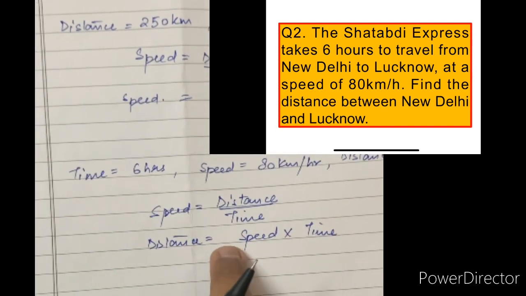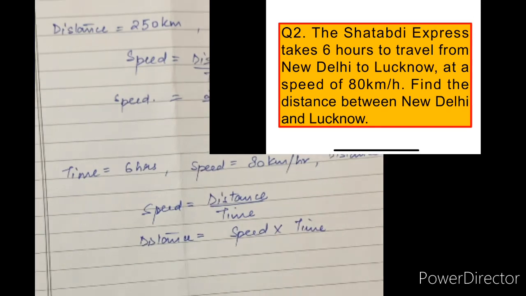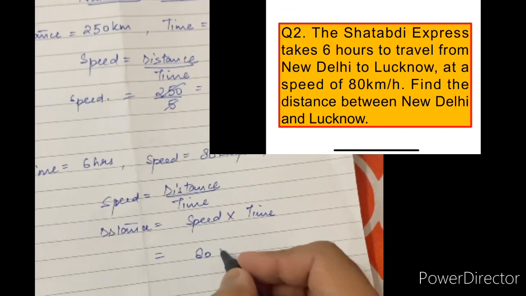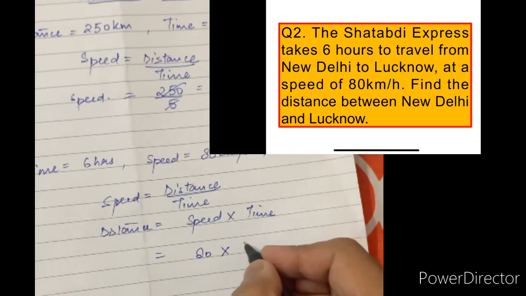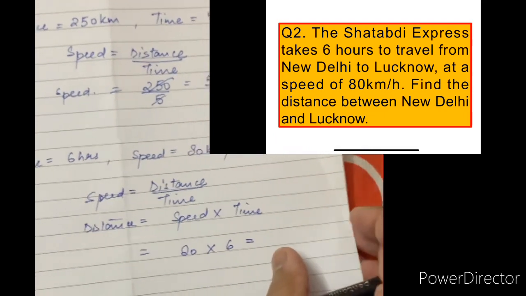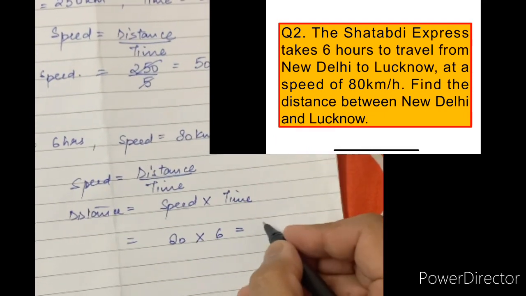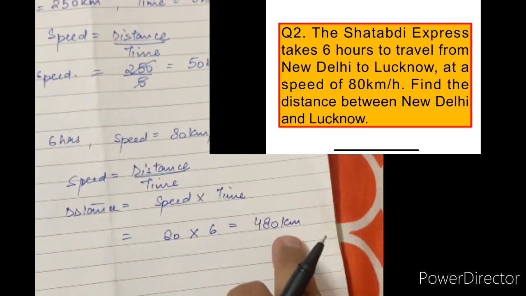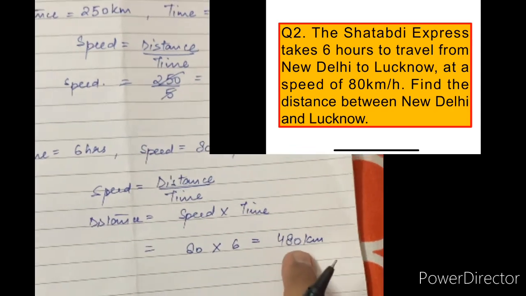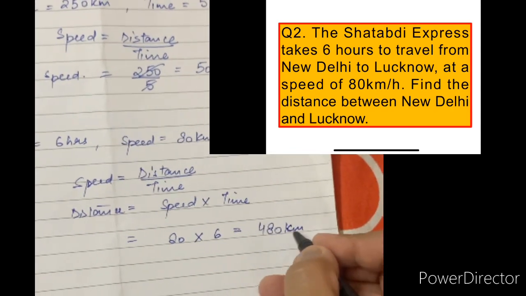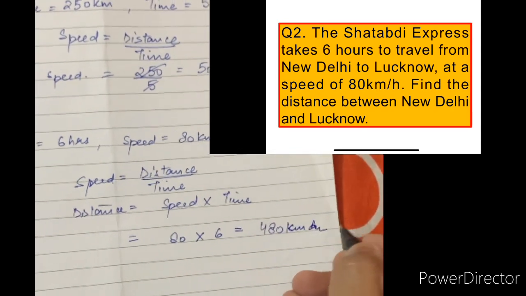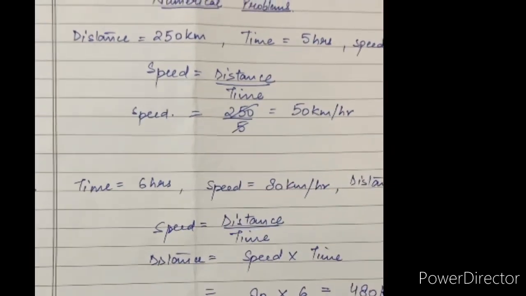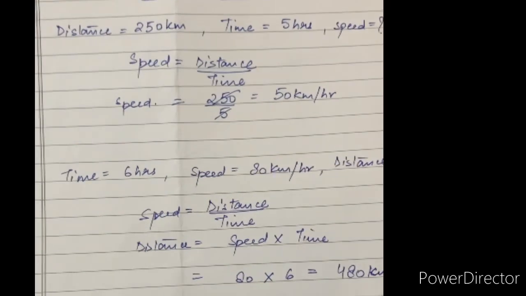So distance will be equal to speed into time. Speed is given 80 km per hour and time is 6 hours. When you multiply these two, you will get 480 km, because the SI unit of distance is kilometer. So the answer will be in kilometer, 480 km. This is your answer. Understood? I think these two questions are quite simple for you.